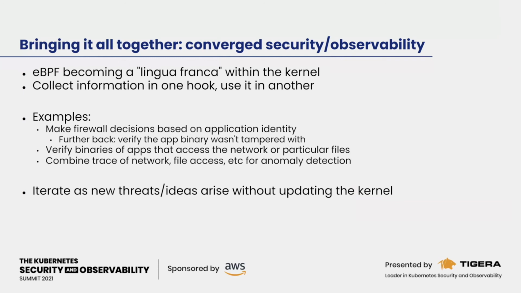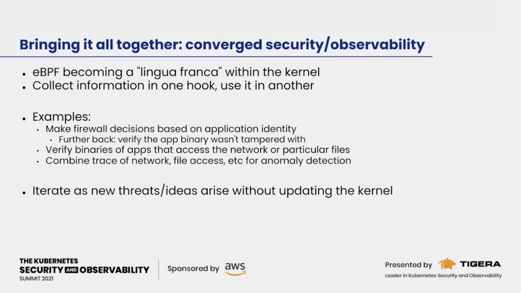So observability is about that feedback loop to tune your application, but there's nothing stopping you from using eBPF features to have tighter feedback loops that implement security and things like that as well.